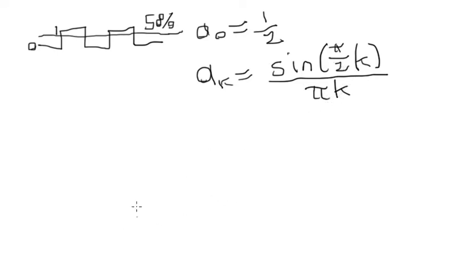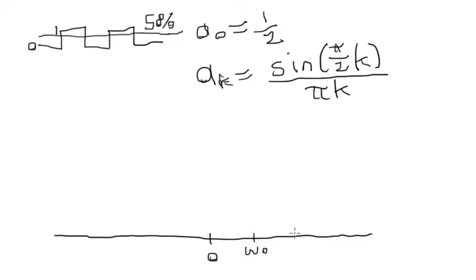And what we can do is write a line here that we'll use to graph the spectrum of this. I'll put 0 here, and here I'll put omega naught.